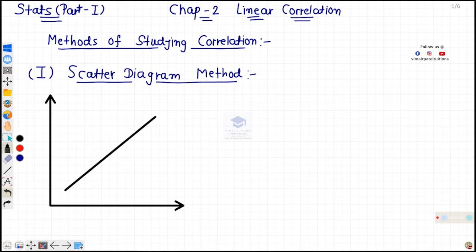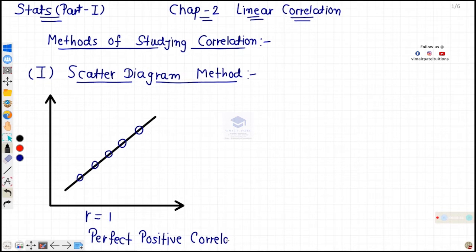For example, if you plot all the points and you get this type of line, then the value of r, the correlation coefficient, will be +1. It is called perfect positive correlation.